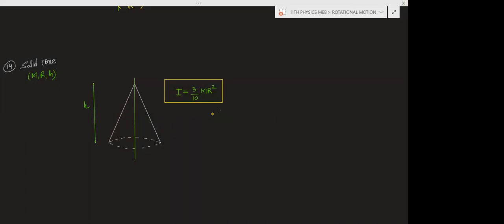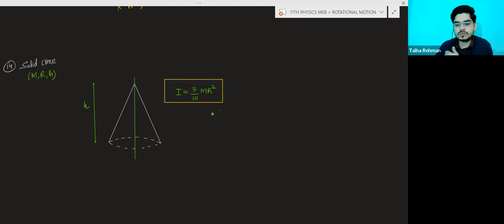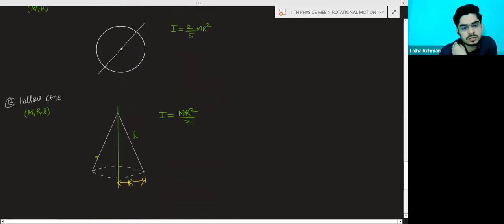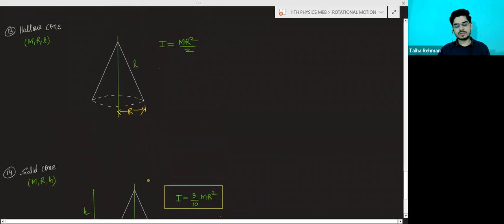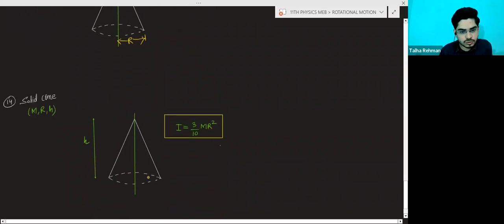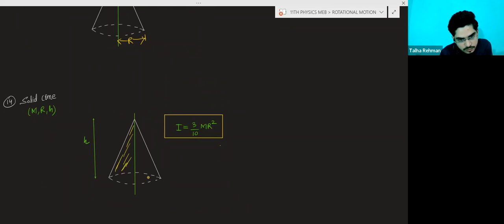So can you show the hollow cone again? Yes, sir. Actually, both are looking the same, so you have to imagine. This is a solid cone, so we can just paint it like this.